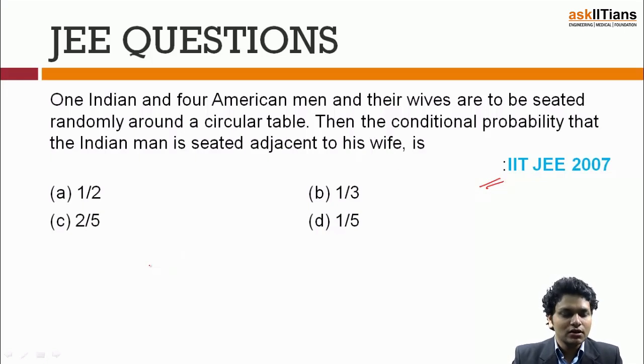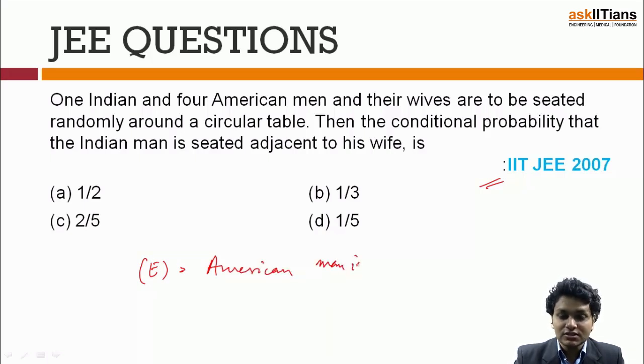Let us make an event. Suppose we call the event E: American man is seated adjacent to his wife.